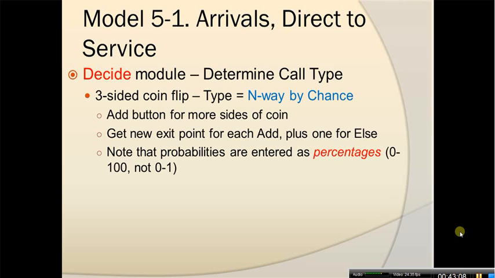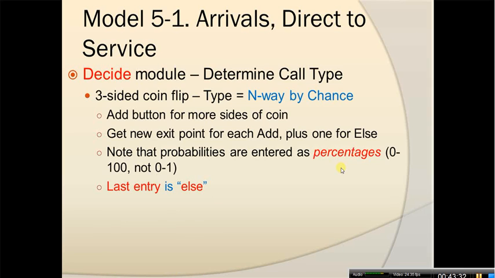If we enter it between 0 and 1, then it would still calculate the else from 100, so we would be subtracting something very small from 100, so that wouldn't be correct. So make sure you remember that the probabilities are entered as percentages.